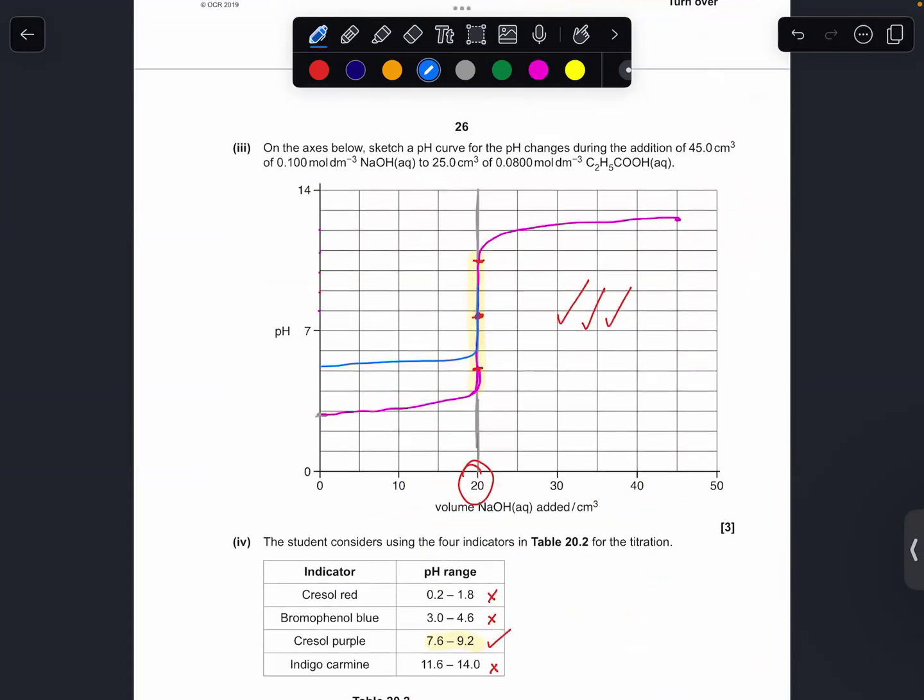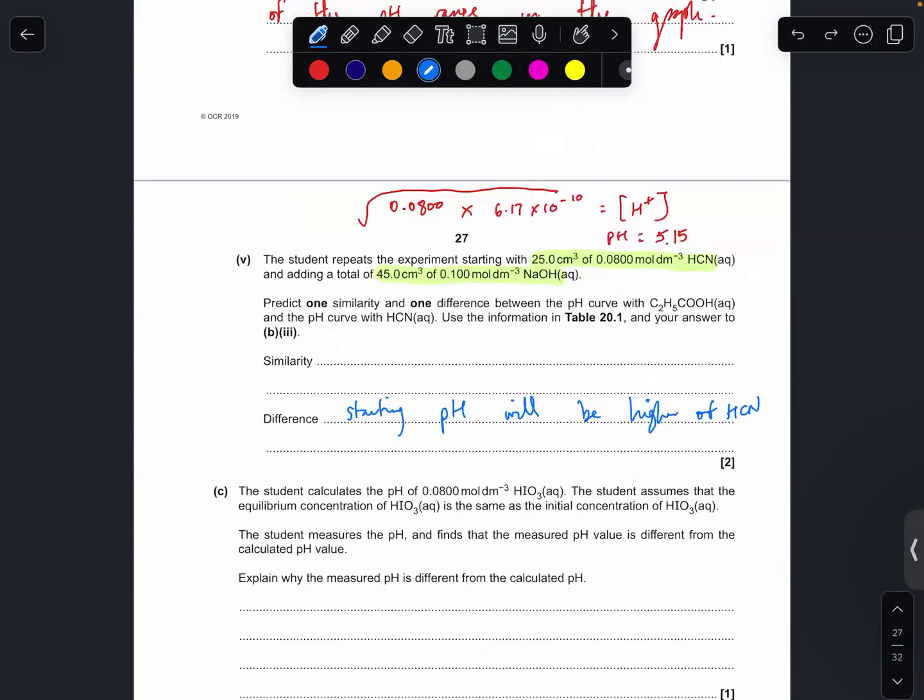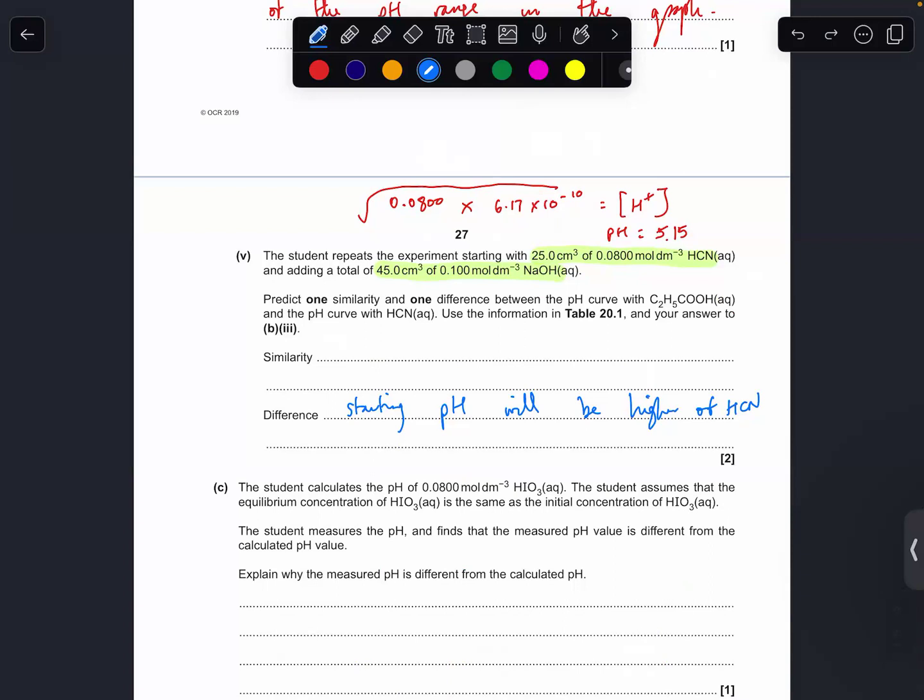The volume used for the neutralization will still be the same, and the end pH of the solution will also be the same. So you've got two options there. Volume of 20 centimeters cubed is the same, or we could say final pH is the same. I hope that makes sense, ladies and gentlemen.